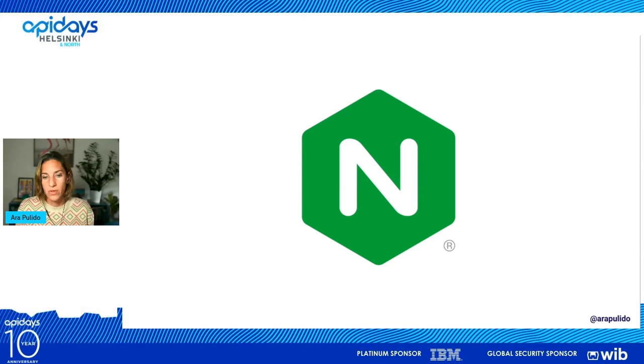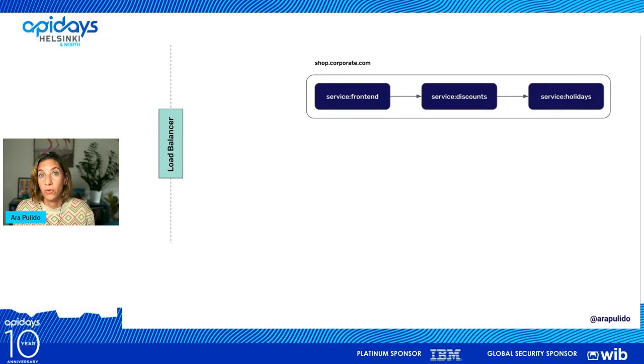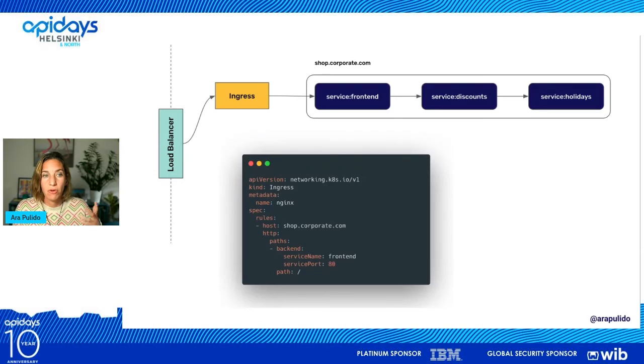And the reason why I'm selecting Nginx is because it's very simple, it's very popular, but any other will have another implementation. So let's imagine that we have this application where it has a service front end that receives external traffic and then talks to a couple other services. And I can create an Ingress object that basically says, okay, anything that goes to shopcorporate.com, move it to that service.